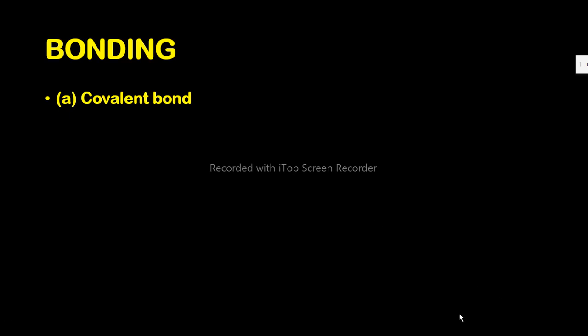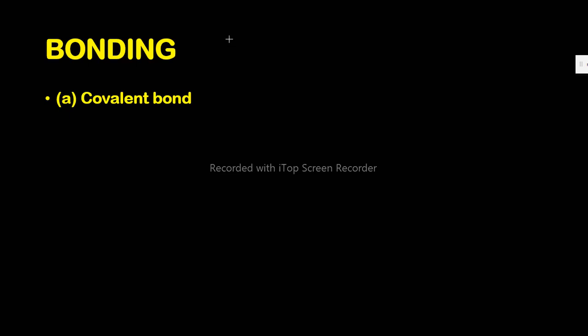For instance, let's say atom A reacts with atom B to form a compound, maybe compound AB. Now think about how these two atoms will combine together.